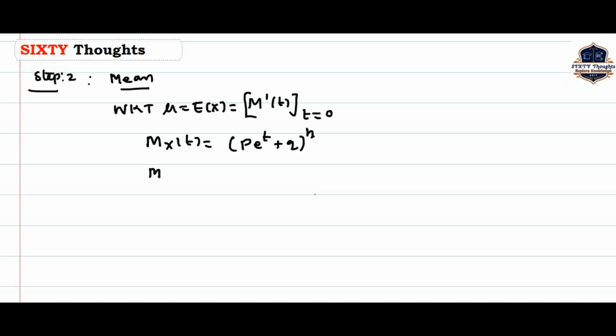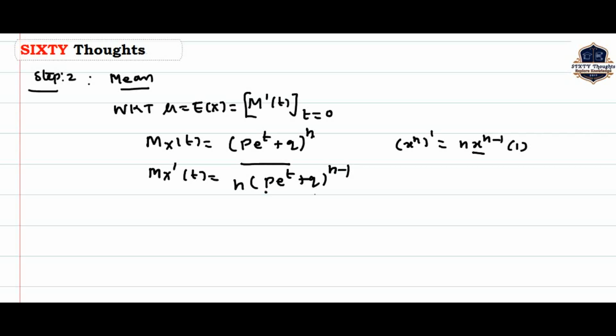First I am going to find the first derivative, M dash of t. How to differentiate this? We know the differentiation of x^n is n x^(n-1). After that, when you differentiate the inner x, you get 1. So using the x^n formula, we can write n into (p e^t + q)^(n-1). After that, differentiate with respect to t once again.